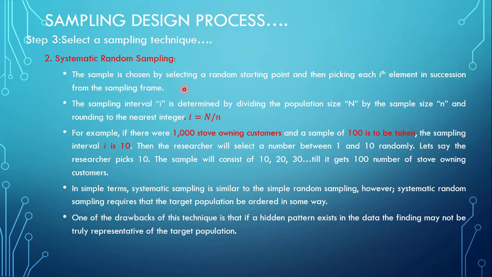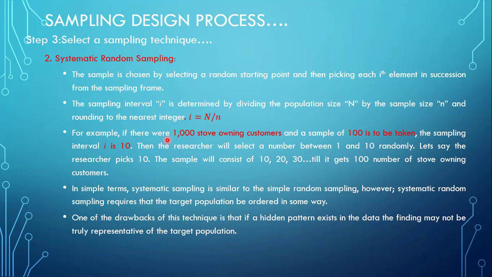After listing the sample frame, let's say you want to take 100 customers from 1000 customers. Then you use this formula: I equals capital N over small n. So I is the gap, or the element of succession. Capital N is the population and small n is the sample.